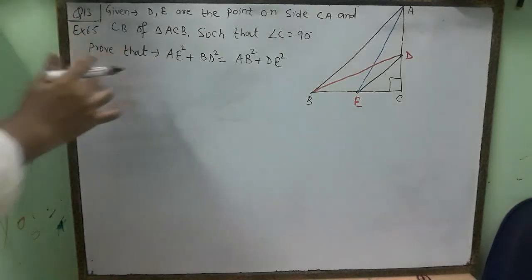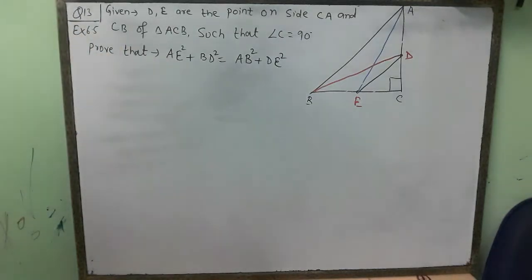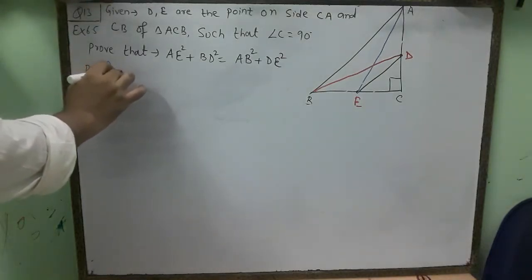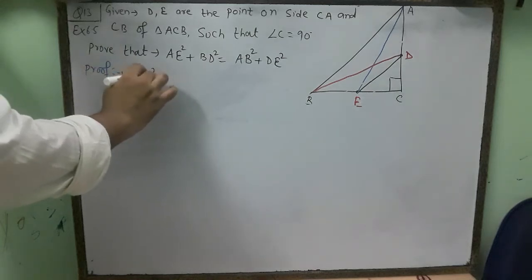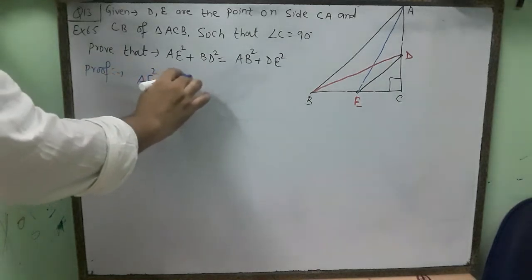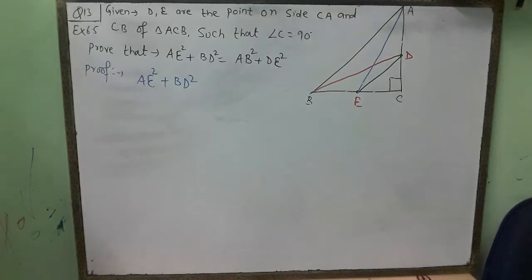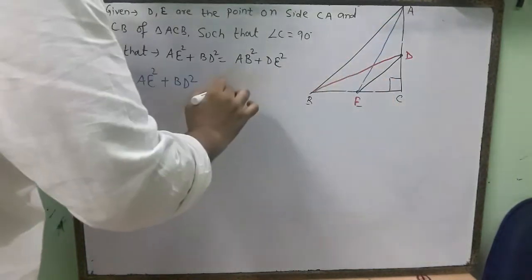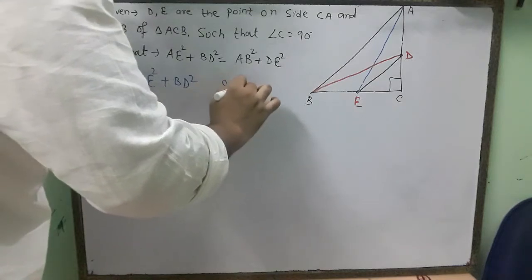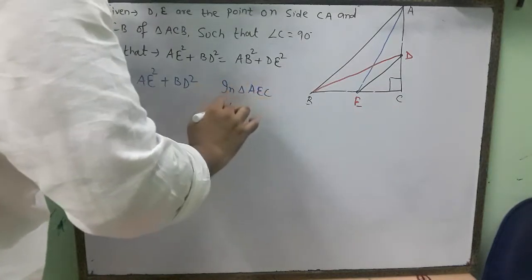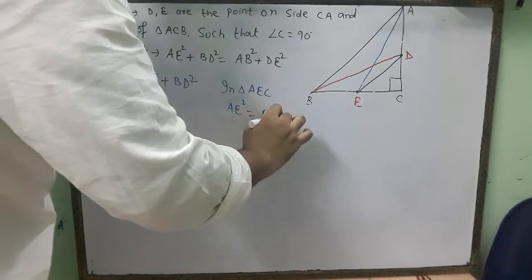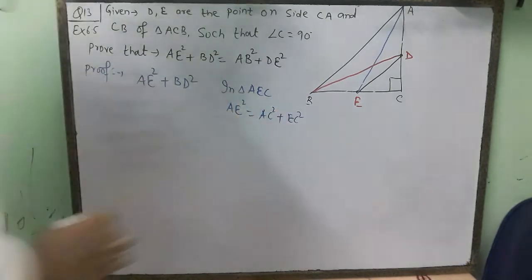Here I have to start from AE square plus BD square. Let's see how I am starting. The proof will be something like that. AE square plus BD square. See this one, in triangle AEC, AE square is equal to AC square plus EC square by Pythagoras theorem.